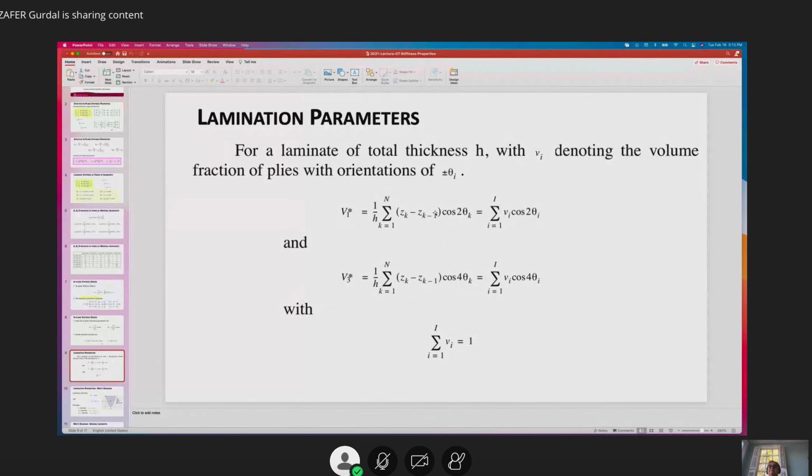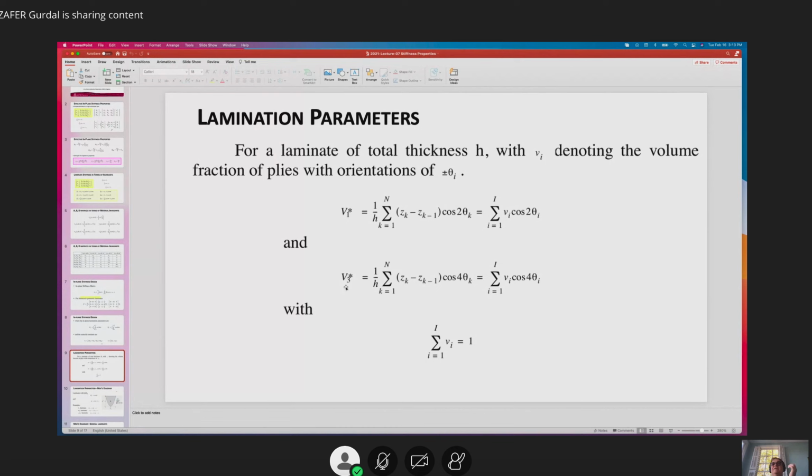And the sum of these different thicknesses will give you the amount of thickness of the particular orientation angle within the laminate. So V sub 1 is the total thickness of 0 degree plies, and V sub 2 will be the total thickness of plus minus 60 degree layers in the laminate.